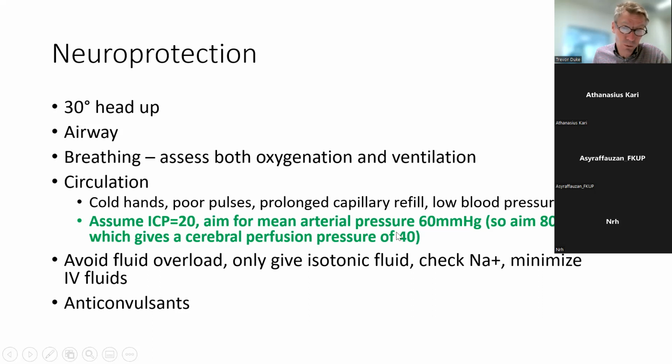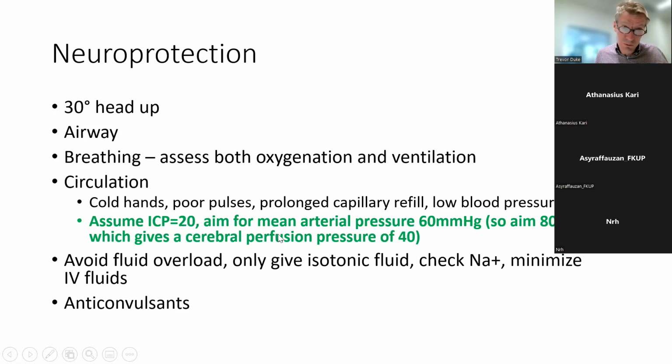All right. So the normal blood pressure for a child of 7 months is at least 65 millimeters of mercury, the systolic blood pressure. But we should be aiming for a bit higher than that in this child. So if you assume that the child's intracranial pressure is 20, then you should have what we call a cerebral perfusion pressure. That is the pressure above that which allows blood to get to the brain.